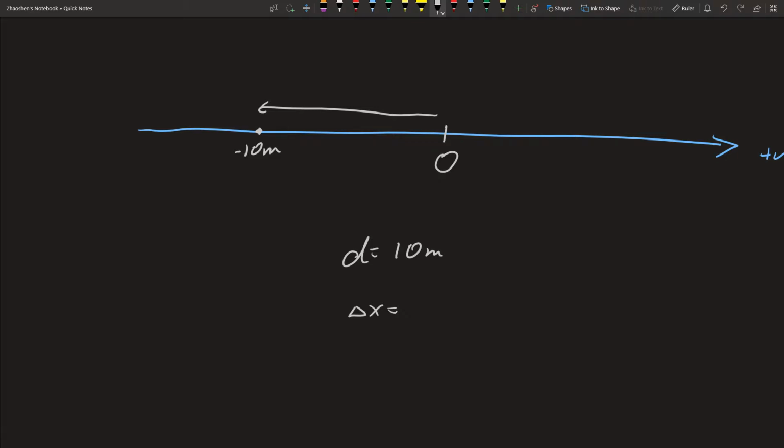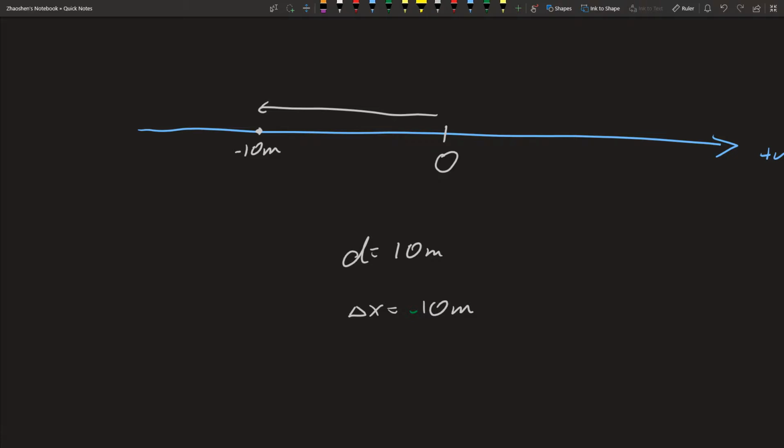But did you displace 10 meters to the right or to the left? Because we define positive to be to the right, if we move to the left, you will displace yourself 10 meters to the left. This green negative sign basically means you're going towards the opposite direction of your positive sense, right?